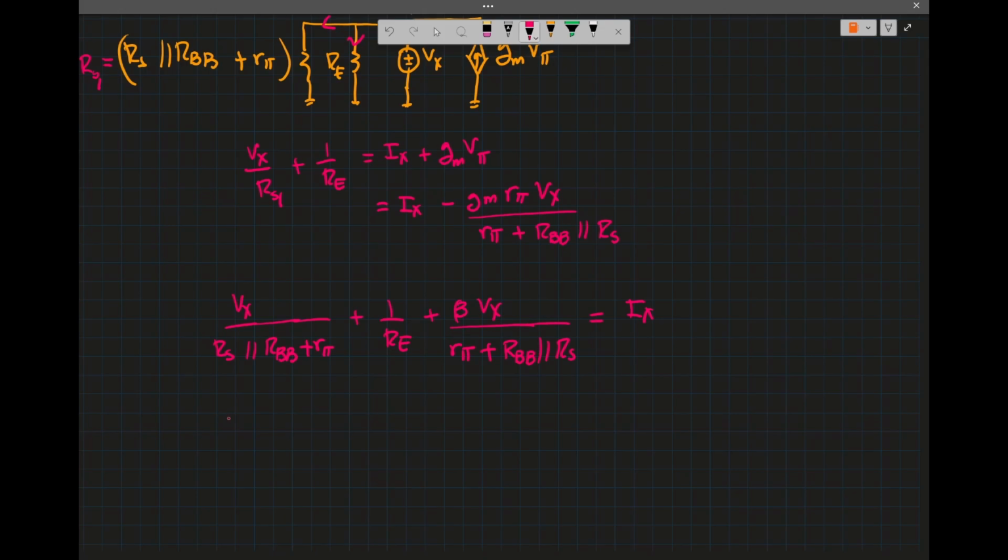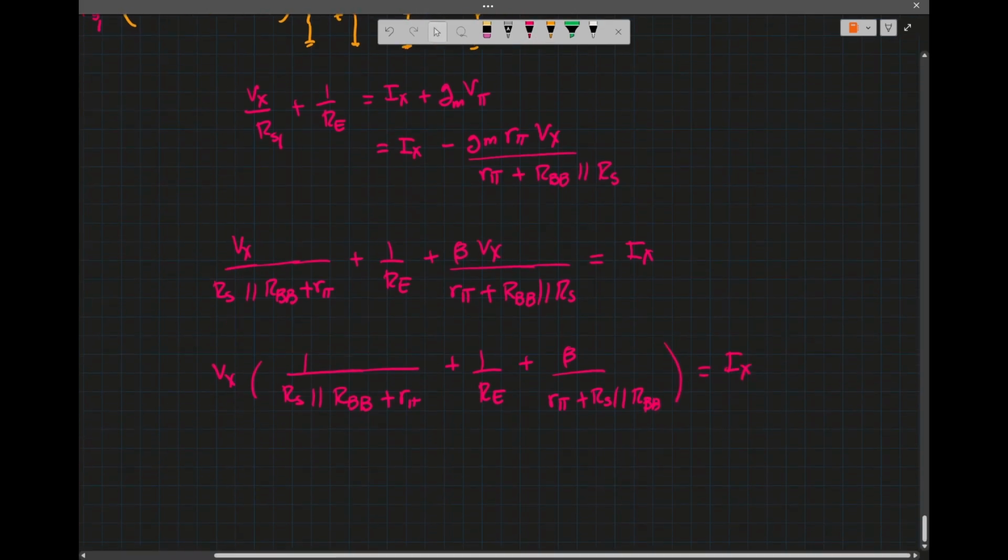So we could solve for Vx, which is 1 over RS parallel RBB plus R pi, plus 1 over RE, plus beta over R pi plus RS parallel RBB, equal to Ix.